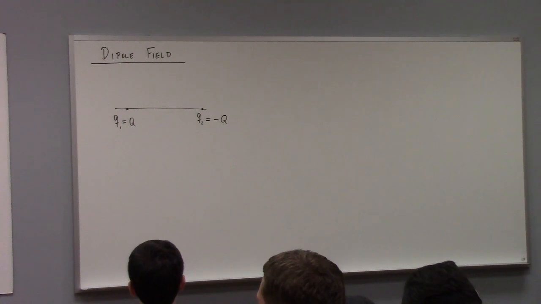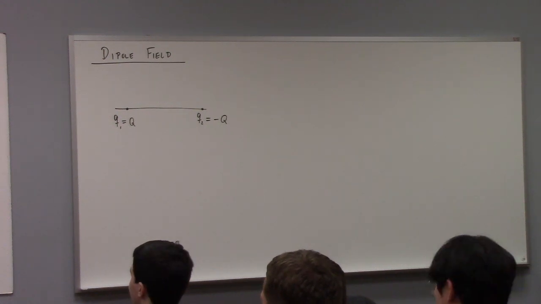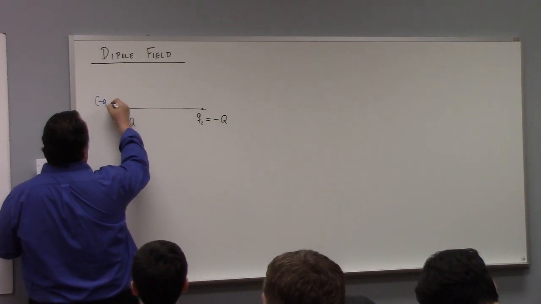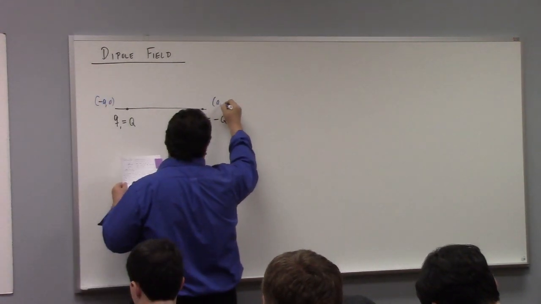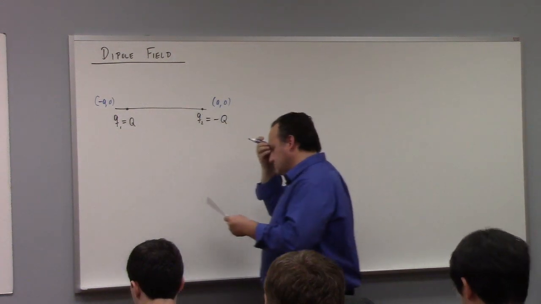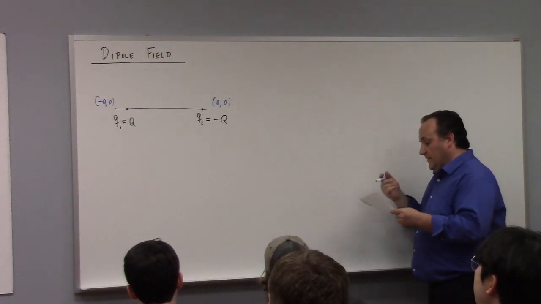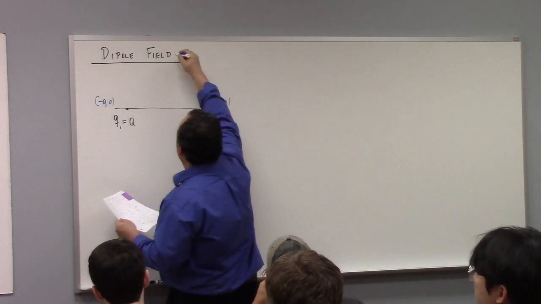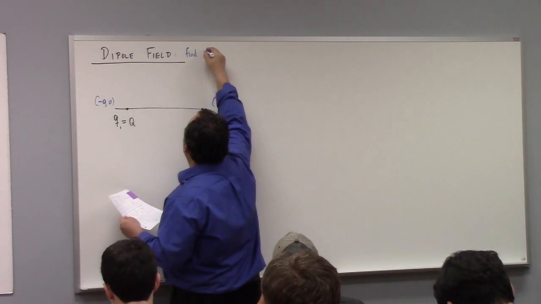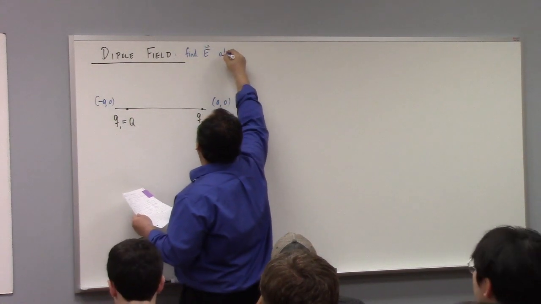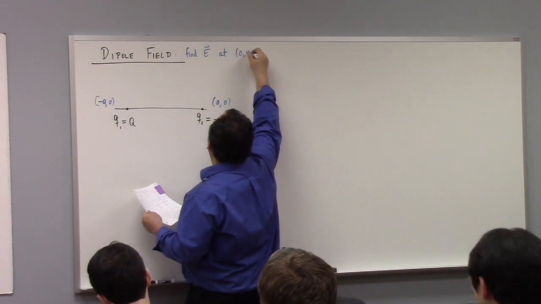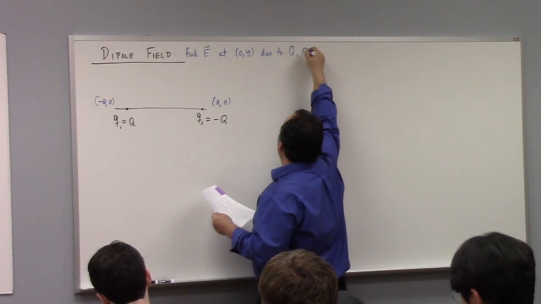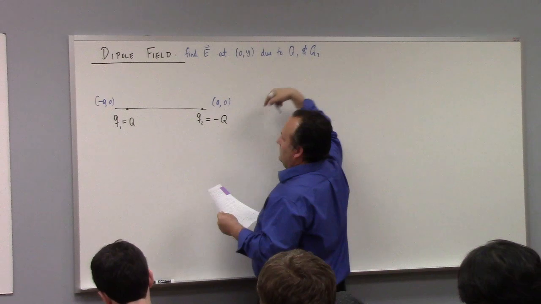So this one's at minus A0, and this one over here is at A0. And we're going to calculate the electric field at 0y. So let's find the electric field at 0y due to Q1 and Q2 as shown down here.